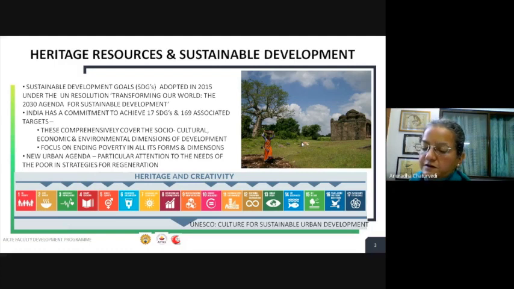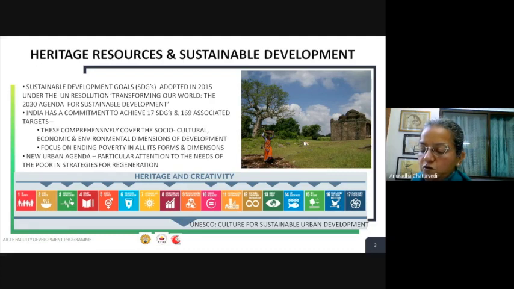The 11th, which is the most significant and directly linked with heritage resource conservation, is sustainable cities and communities. The 12th is related to sustainable consumption and production. The 13th to climate action impacts. The 14th to life below water.